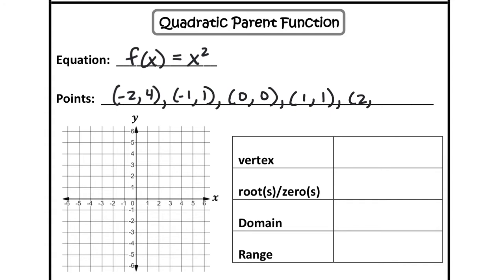And 2 times 2 gives me 4. Okay, so these points are the following. So I'm going to color them in blue. So 0, 0, 1, 1, 2, 4, -1, 1, -2, 4. Which give us the following. Make these dots a little bit bigger.